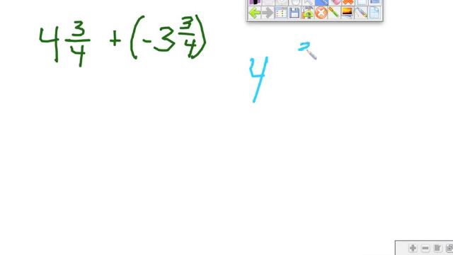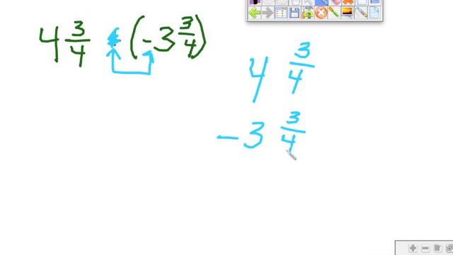We have 4 3/4. Now, whenever you have two symbols stuck like this next to each other and they're opposite, the negative always wins. So we can actually get rid of this plus sign altogether. And when we do that, it's the same thing as saying take away 3 3/4. It's the same thing. Okay?